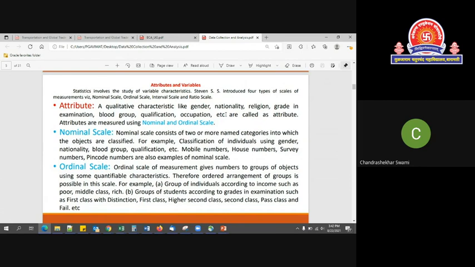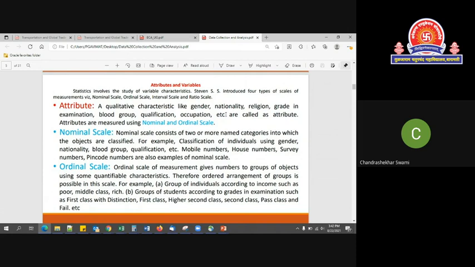One another example is group of individuals according to their income, such as poor, middle class, rich class. Or a family's income is below 10,000, 10,000 to 50,000 per month, and so on. Also, group of students according to their grades: first class, second class, third class, pass class, and fail. These are also groups, but we are classifying the individuals by a certain meaningful order.